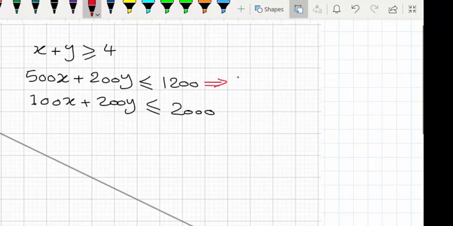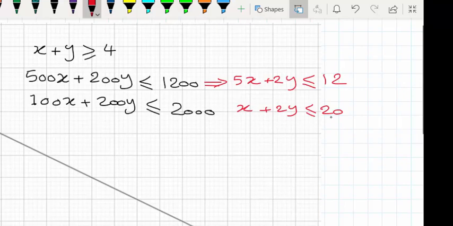That gives 5x plus 2y is less than or equal to 12. And this one can be simplified again by 100. 100 divided by 100 is 1, 200 divided by 100 is 2, so it's x plus 2y is less than or equal to 20.